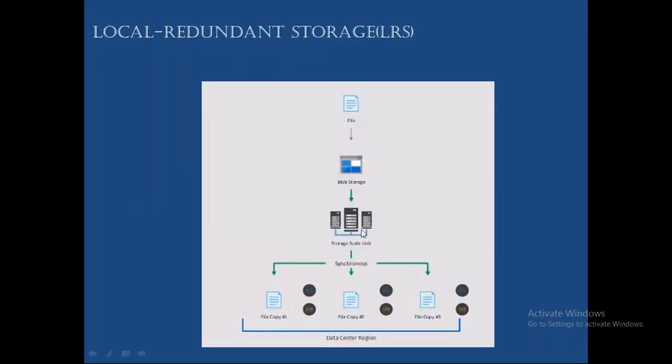Here we have a storage scale unit, which is one availability zone. In this particular availability zone, you will have 3 copies of data. If you are not able to access 1 copy of data due to some reason, or 1 copy of data is gone, you will have the other copies of data. Okay, clear?